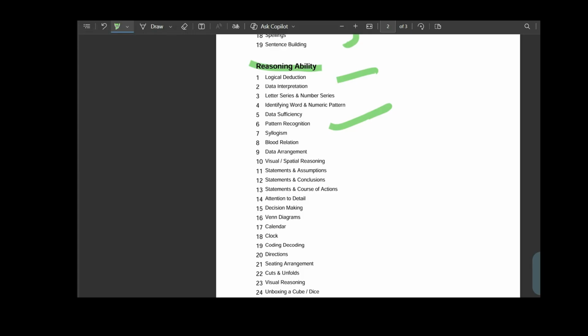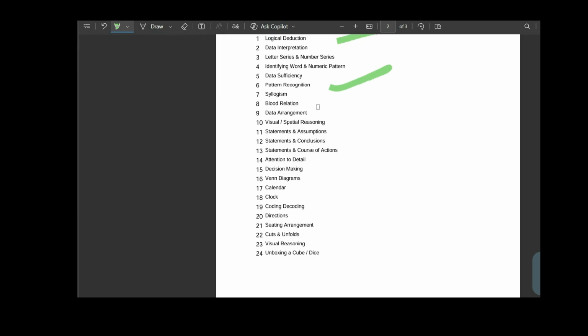Other common reasoning topics include blood relations, seating arrangements, coding and decoding problems, directions, and puzzles involving calendars or clocks. The exam may also include questions related to assumptions, statements and conclusions, and decision making scenarios.